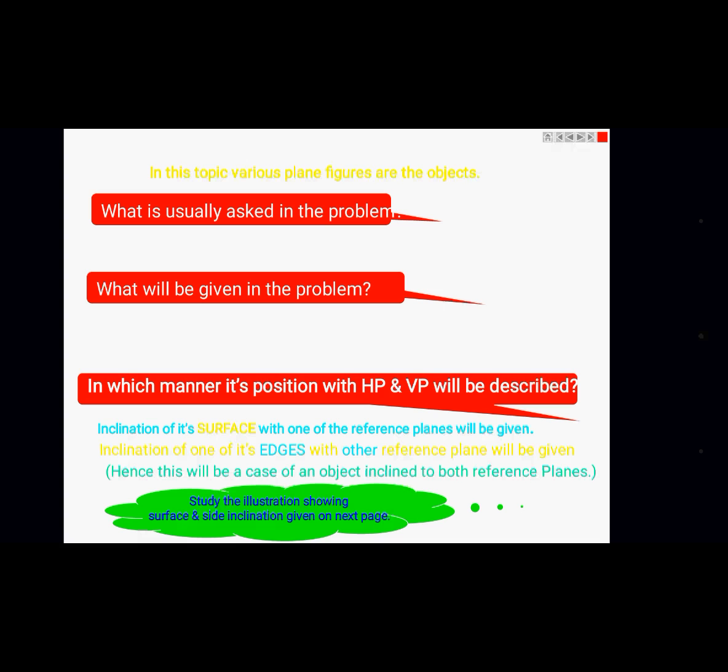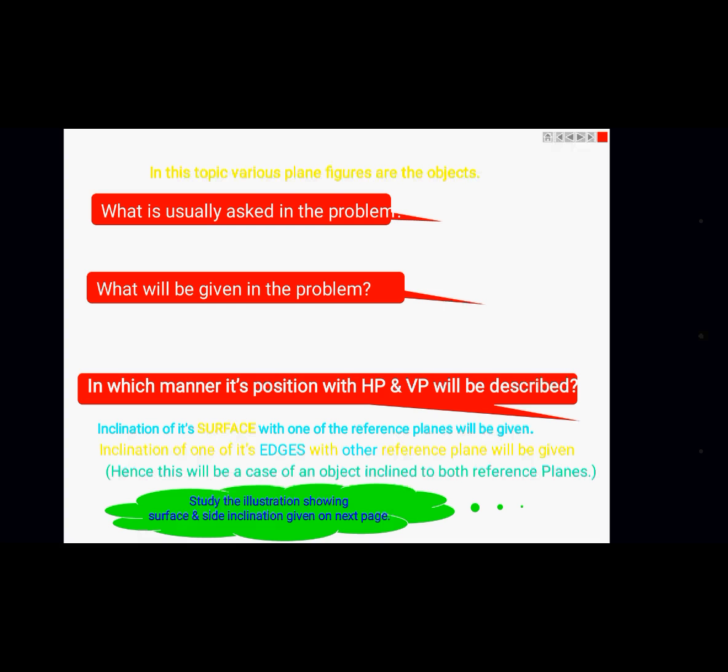Similarly, if you place the square lamina on the VP, the front view will be a regular shaped square and the top view will be a horizontal line. So any type of lamina, if you rest it on the VP, the front view will be a regular shaped lamina and the top view will be a horizontal line.